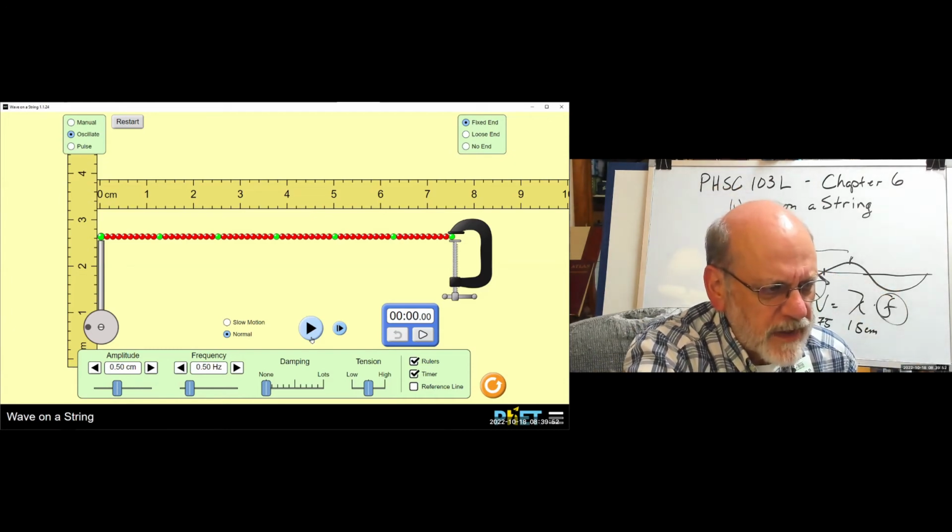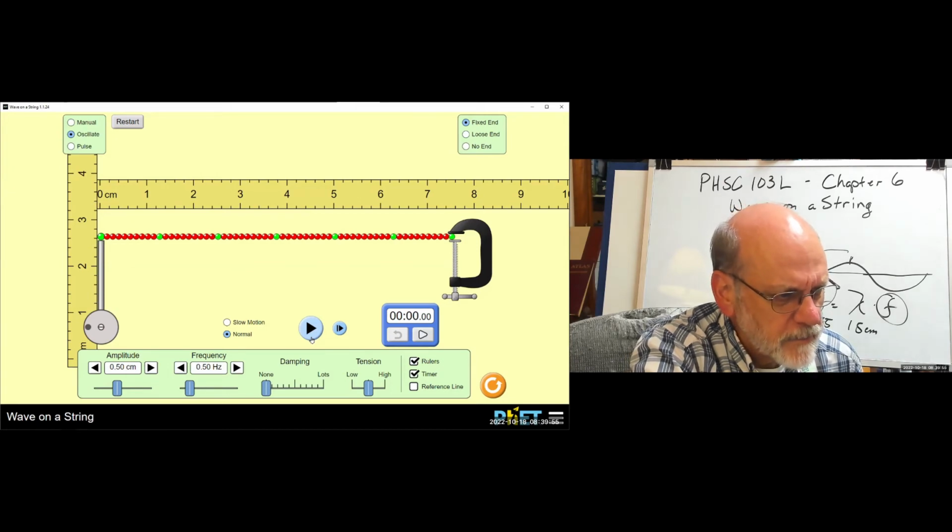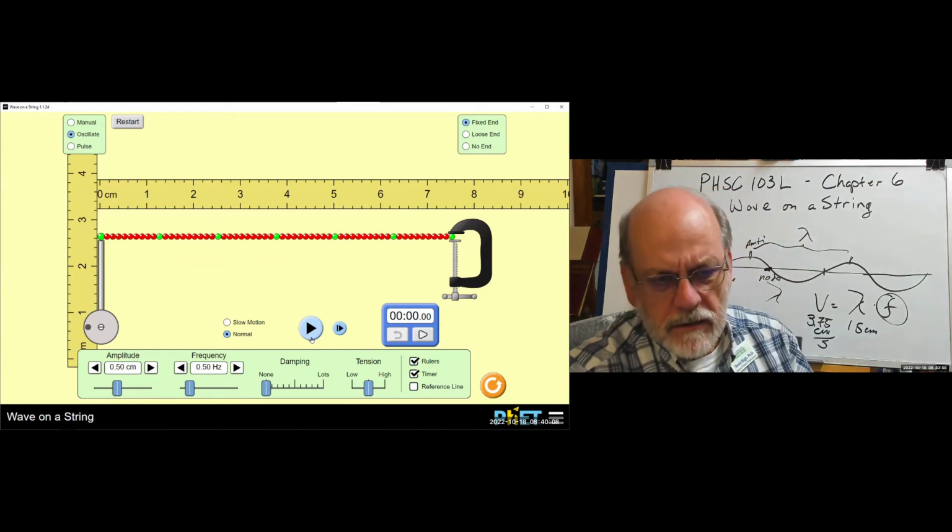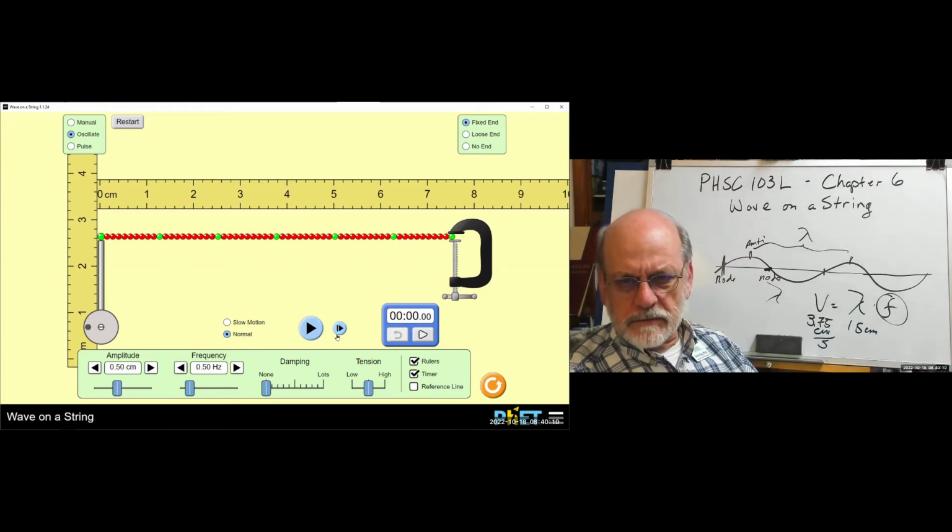We're supposed to be generating a standing wave. Okay, let's just start it. Let's see. Okay, here's our start button.